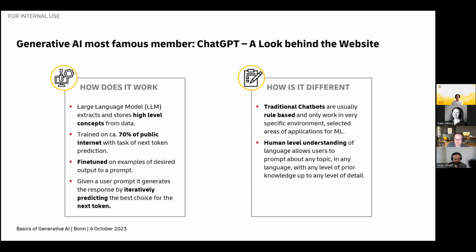So how did they do it? They trained these models on about 70% of publicly available data on the internet. I think this figure is for GPT-3.5, so ChatGPT, but with GPT-4, I think it's even more than that, because they are at the moment kind of scraping the barrel when it comes to publicly available data.